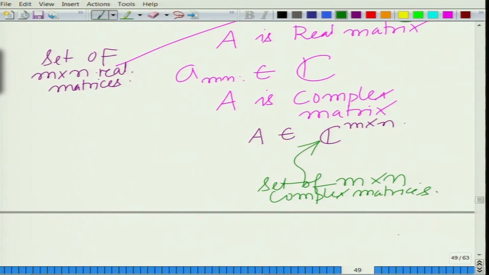So you have the set of M cross N real matrices and you have the set of M cross N complex matrices. Okay.